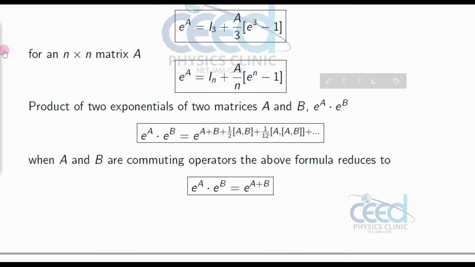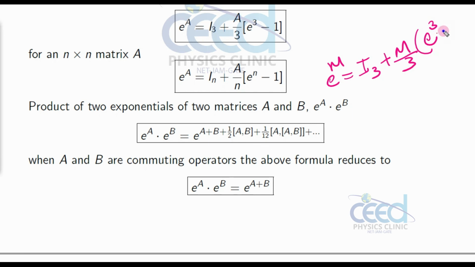Let me write this here. Suppose this is a matrix M, so e raised to M is equal to, for a 3 by 3 order, I3 plus M by 3 into e raised to 3 minus 1. So this is the result. Let me check which option satisfies this condition.